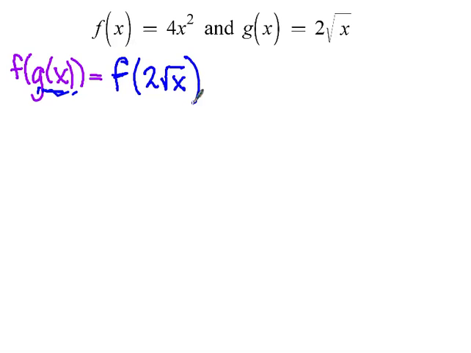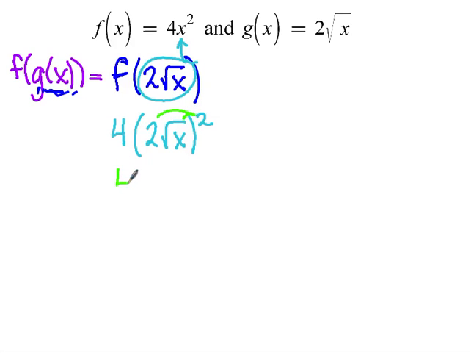If I plug in 2 root x right up here, really I have 4 times 2 root x squared. So let's go ahead and distribute that. So really this is 4 times what? 4x.